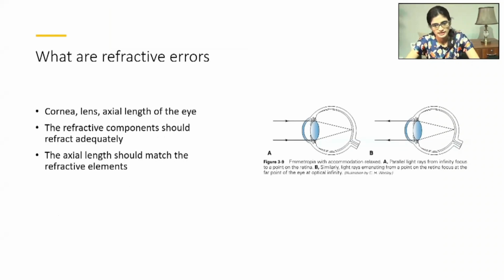So refractive errors, what are they? Refractive errors are problems that lead to defocused or blurred images because of a mismatch of the cornea, lens and axial length of the eye, or due to inadequate functioning of these refractive elements.